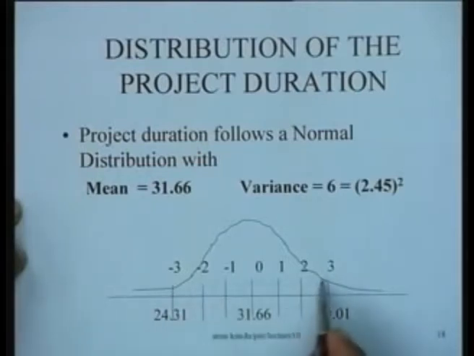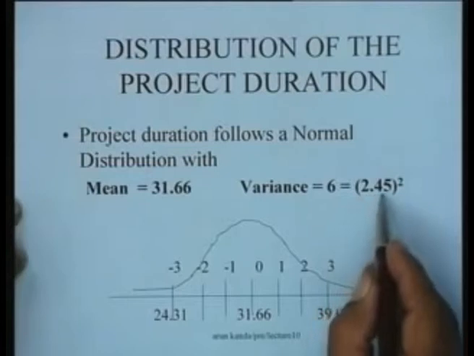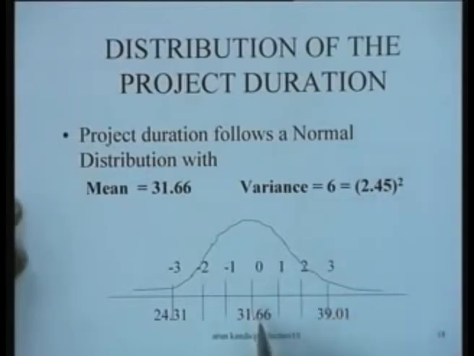So the plus minus 3 sigma means 3 into 2.45 plus minus that gives you values of 24.31 to 39.01. So we can in fact see that this particular project is with all probability likely to be completed in a minimum time of 24.3 days and a maximum time of about 39 days.